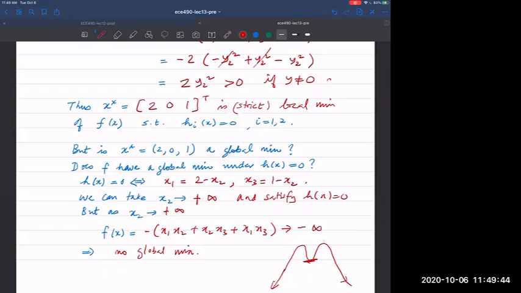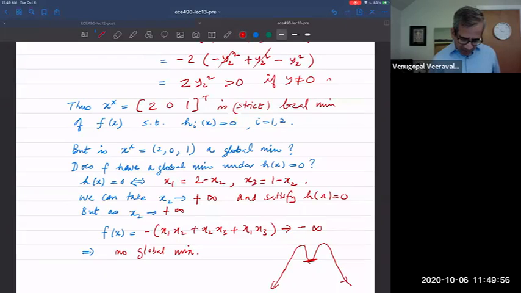Even if it's to plus infinity, I get the final f(x) equal to x2 squared, so if x2 goes to plus infinity, then this is going to go to plus infinity. I thought this example didn't have a global min.